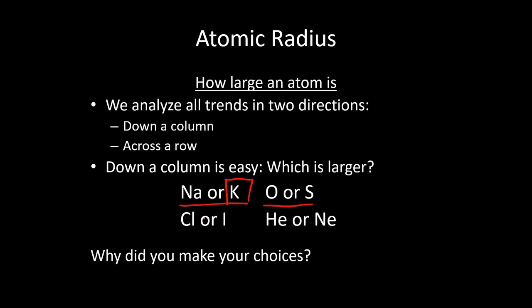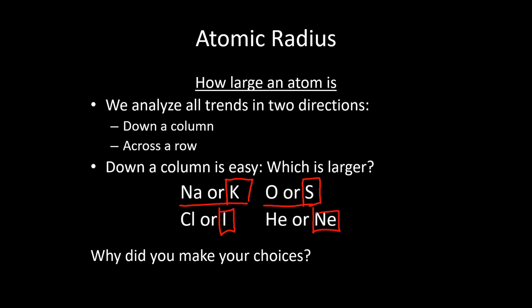And probably your reasoning for that was because potassium is a bigger atom in terms of the number of particles. It is just below sodium on the periodic table, and so it has more protons, more neutrons, more electrons, and so it should be bigger. And it is. So potassium is bigger than sodium. Sulfur is bigger than oxygen. Iodine is bigger than chlorine.